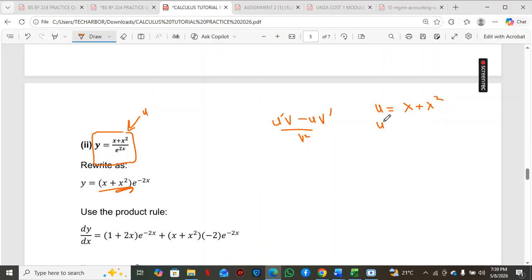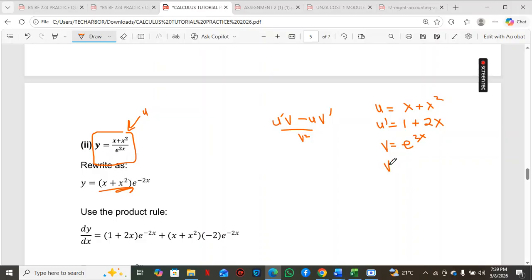U prime, we derive this expression. When we derive x, we get a 1 plus, when we derive x squared, we get 2x. Our v is equal to e to the power 2x.